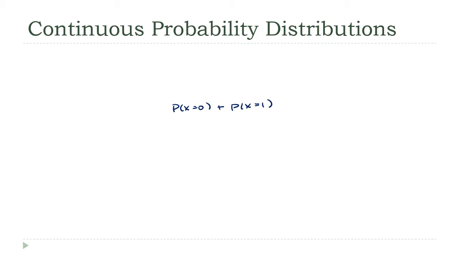Instead, we're going to always be talking about ranges of values. For example, P of 0 less than or equal to X less than or equal to 1.